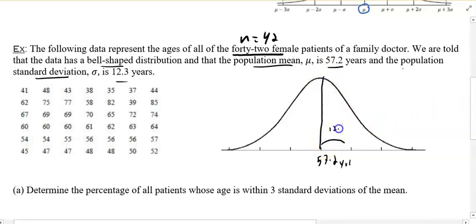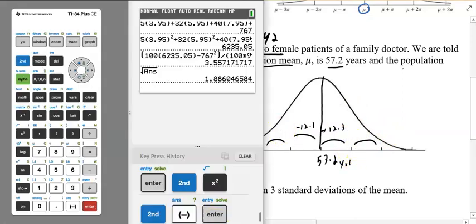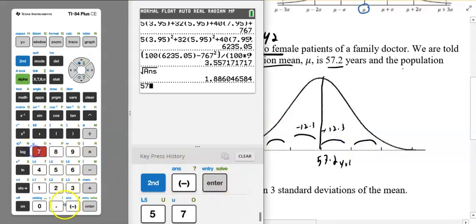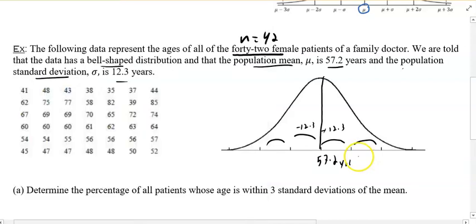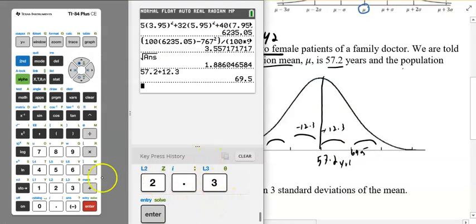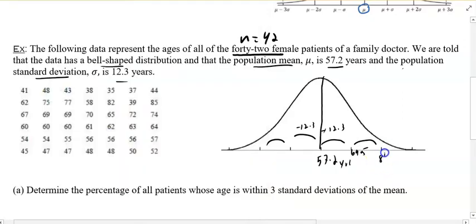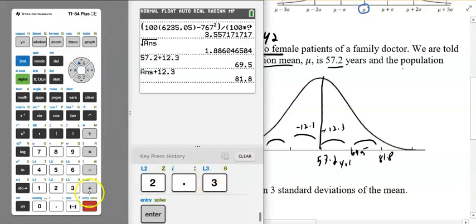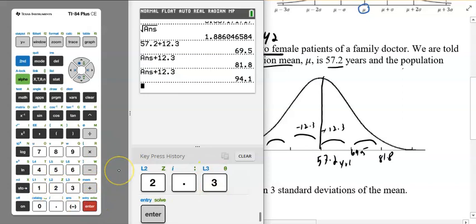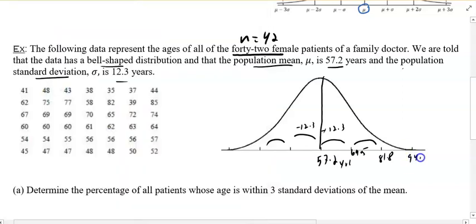If you add a standard deviation and subtract a standard deviation, you will get, if you take 57.2 and add a 12.3, you will get 69.5. Add another standard deviation, 81.8. Add another standard deviation, 94.1.